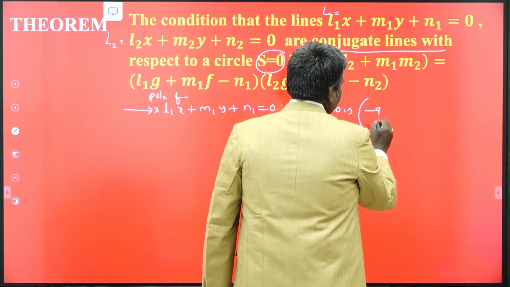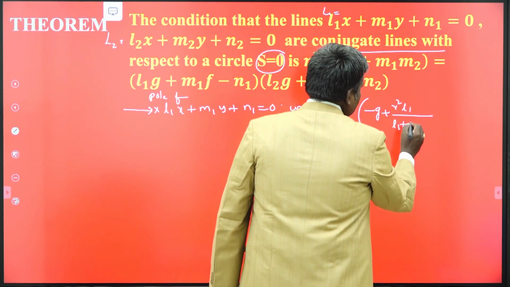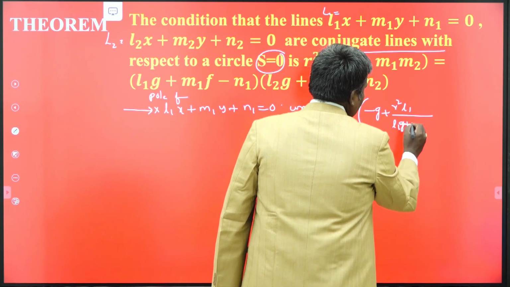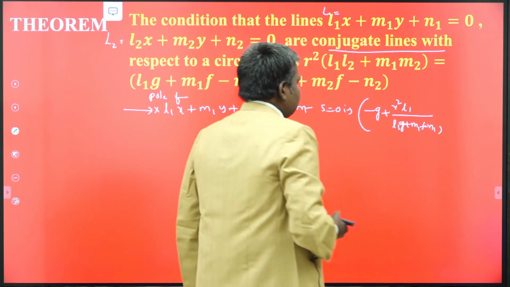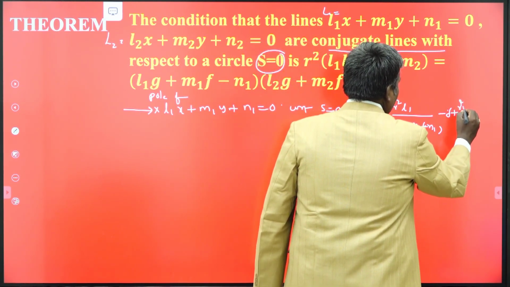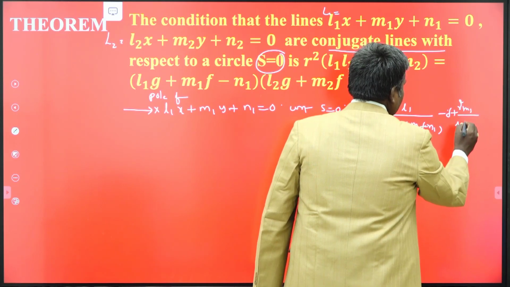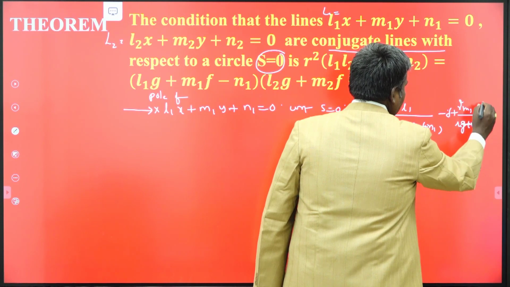It is (−G + R² L1 / (L1 G + M1 F − N1), −F + R² M1 / (L1 G + M1 F − N1)).